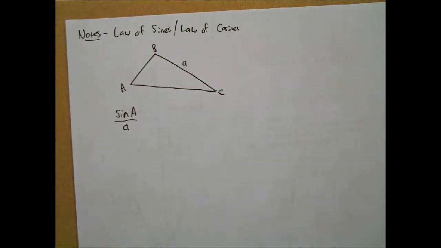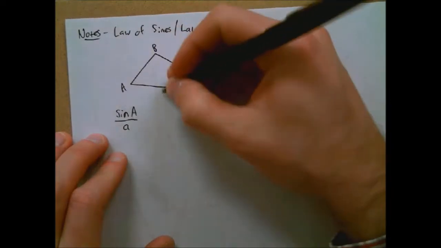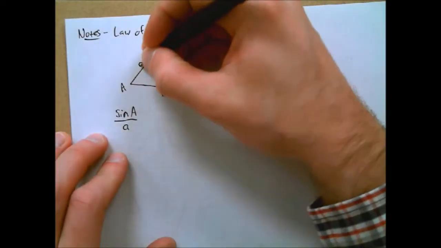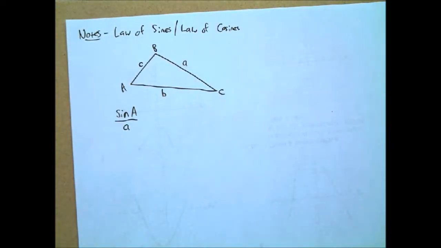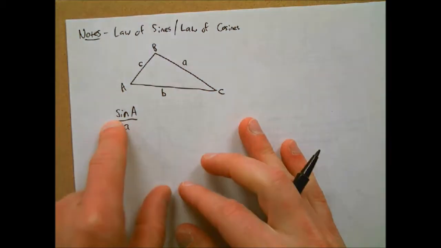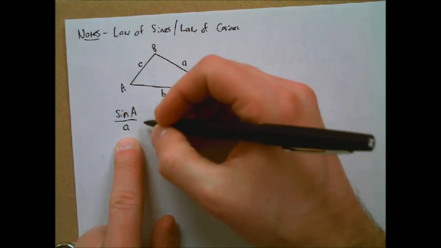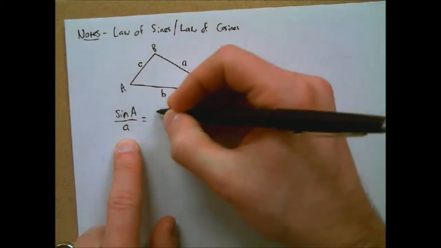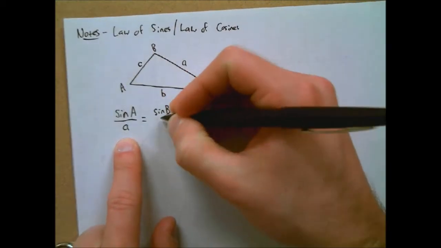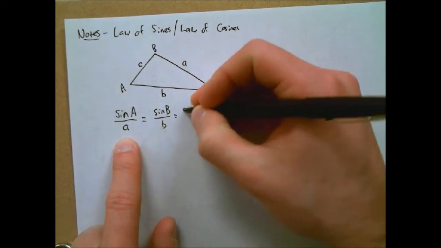And then B is opposite side b, and then capital C is opposite side lowercase c. So the ratio of sine of angle A to its opposite side is the same ratio as the sine of angle B to its opposite side, is the same ratio as sine of angle C to its opposite side.